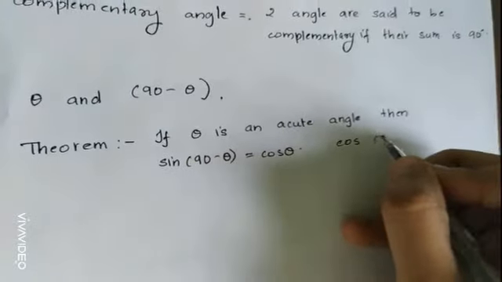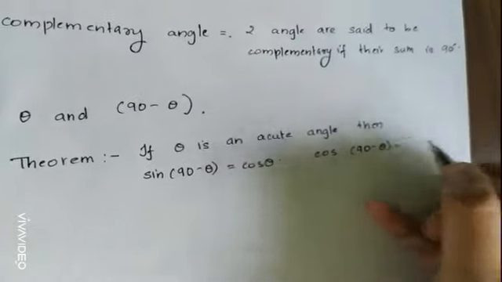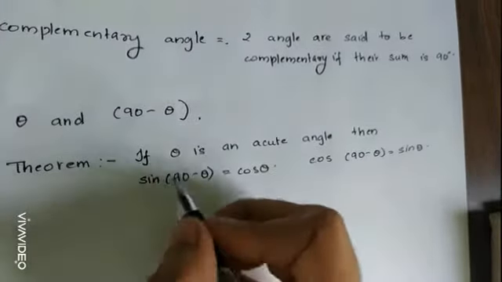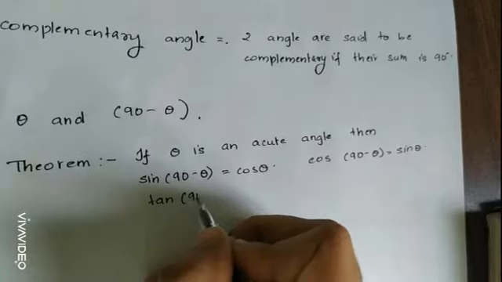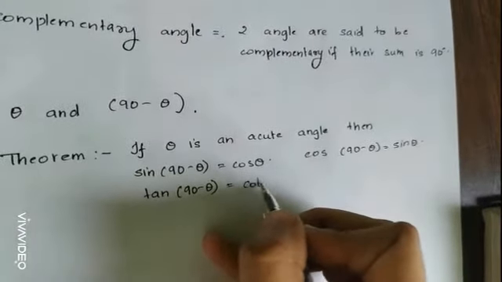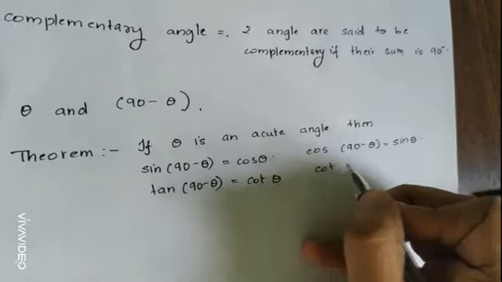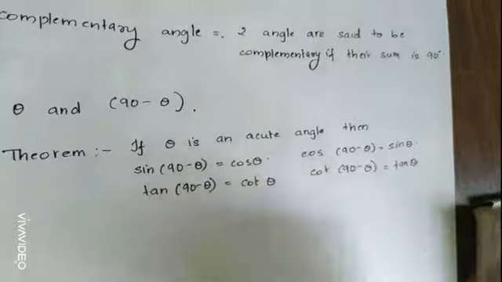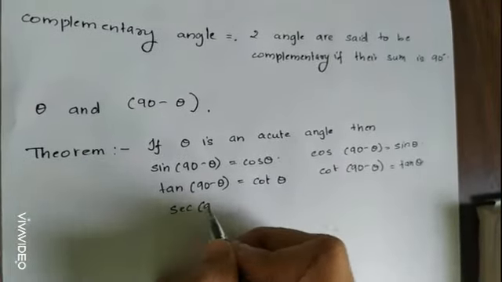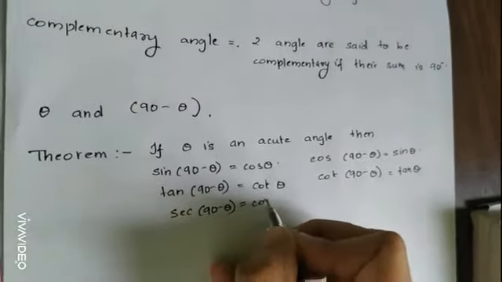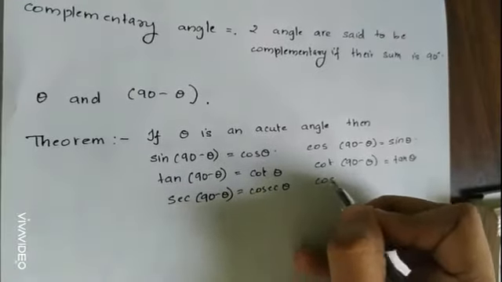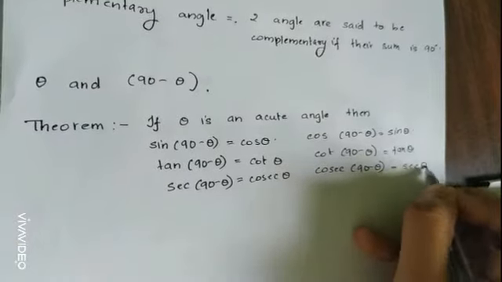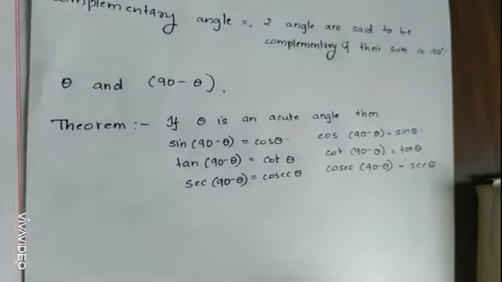Similarly, cos 90 minus theta is sine theta, and tan 90 minus theta is cot theta, and cot 90 minus theta is tan theta. Then sec 90 minus theta is cosec theta, and cosec 90 minus theta is sec theta. Let us prove it.